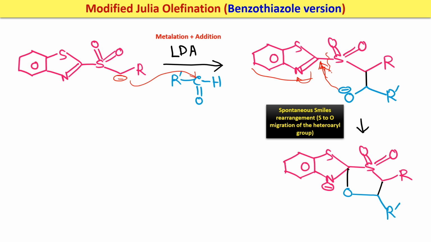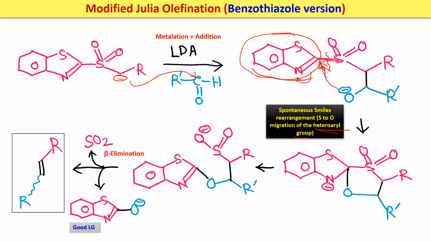Now this is a spontaneous Smiles rearrangement, where this heteroaryl group, that is this benzothiazole group, will be migrating from sulfur to oxygen. So this is now attached to sulfur, the CS bond. Now it will be attached to the oxygen. See how it is happening here. This negative charge will again make the CN double bond, and this CS bond is broken. So finally this group is now attached to oxygen. So that is why it is a spontaneous Smiles rearrangement from sulfur to oxygen, which we have not seen in the previous version, the original version, right?